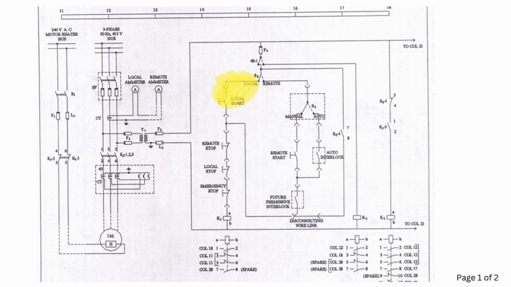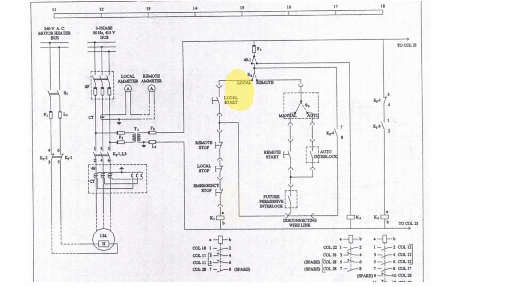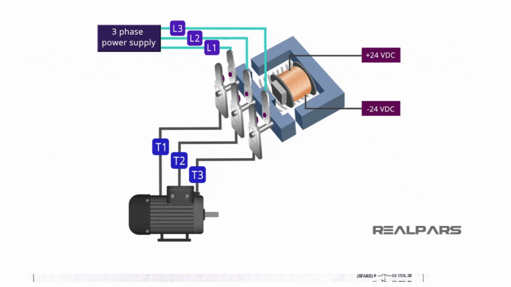Okay. So when the local start button is pressed, the coil of contactor K1, which is in column 14 or 15, is energized, causing its contacts to change status. I hope all of you know the basic functioning of a contactor, which is normally used for operating a high voltage circuit using PLC, or some manual control using a low voltage circuit for safe operation.